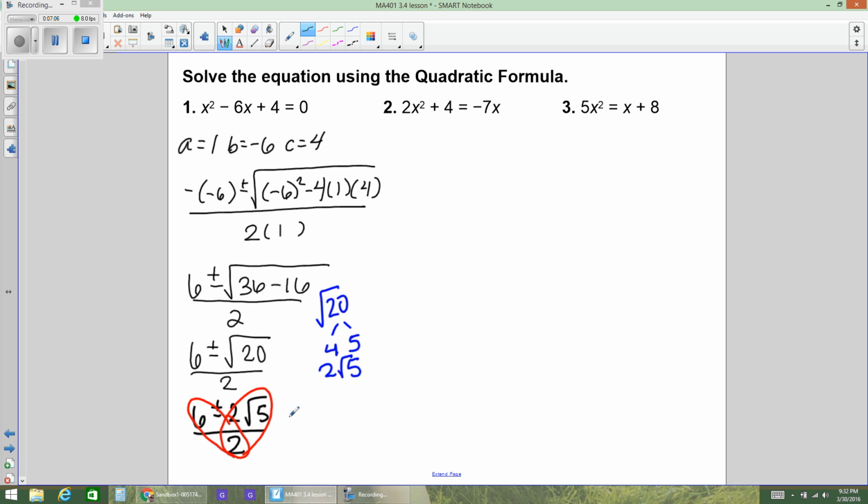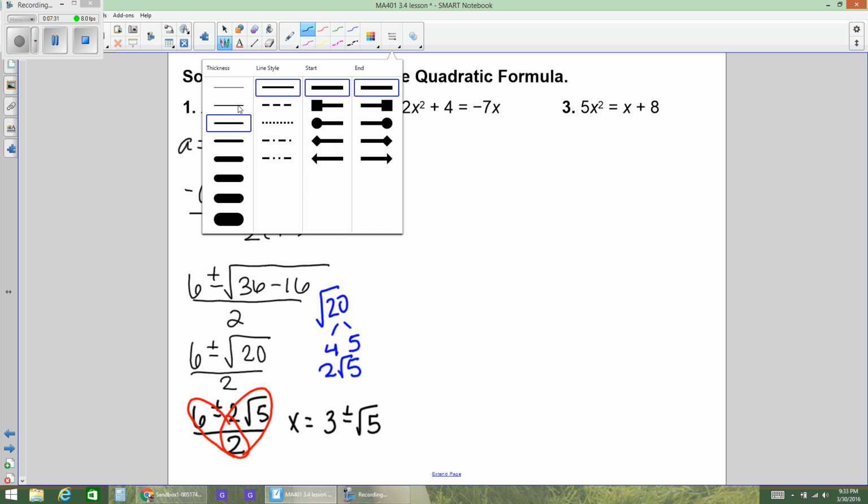So I'm going to have x equals, because remember that's the whole point, we're solving for x here, 3 plus or minus radical 5. Share the love. So it's 6 divided by 2, that's how I got 3. And it's 2 rad 5 divided by 2, and that's how I got radical 5.